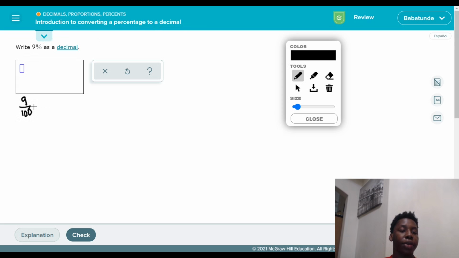The next step is to ask ourselves how many zeros are behind the one at the bottom. There are two zeros. That means we have to bounce through 9 twice: one, two. But if you notice, there's nothing in front of the 9.